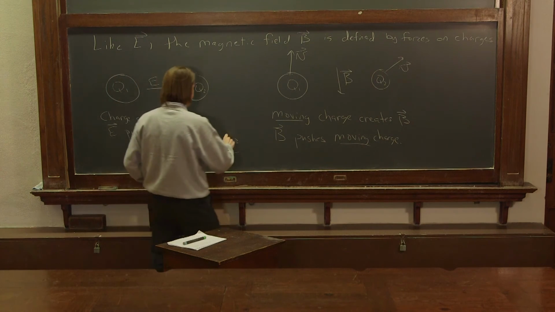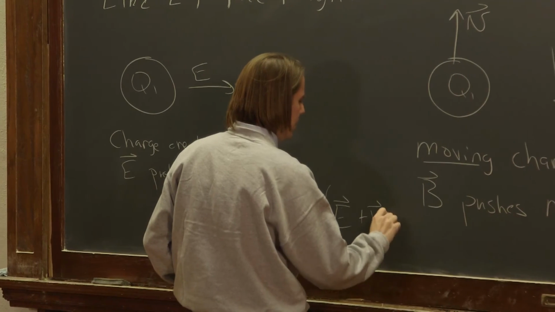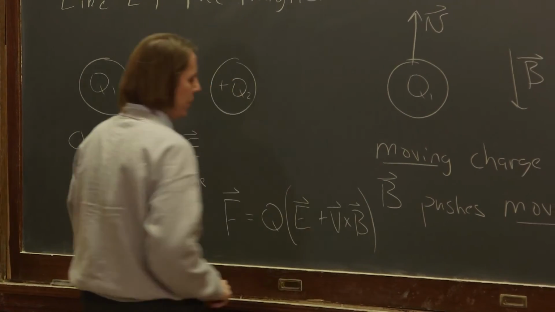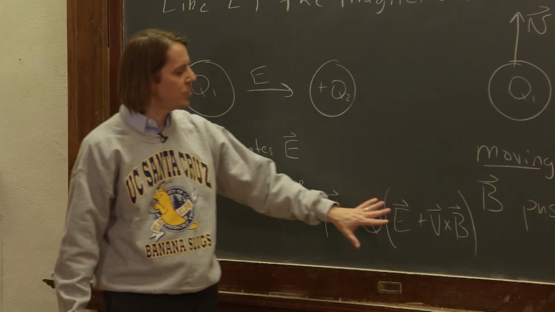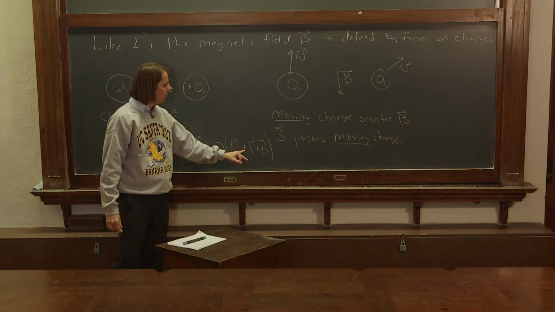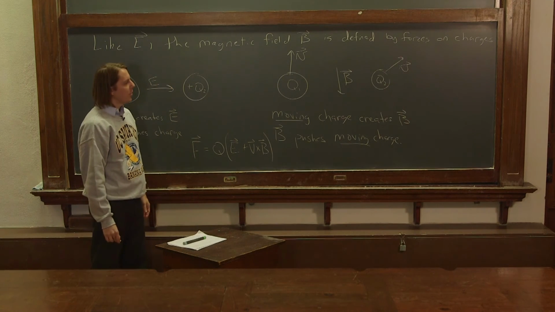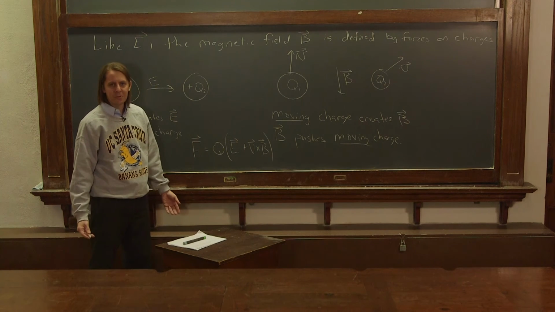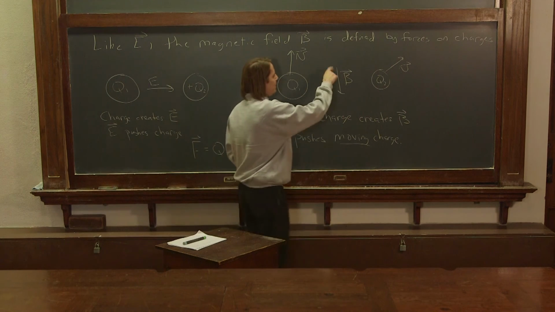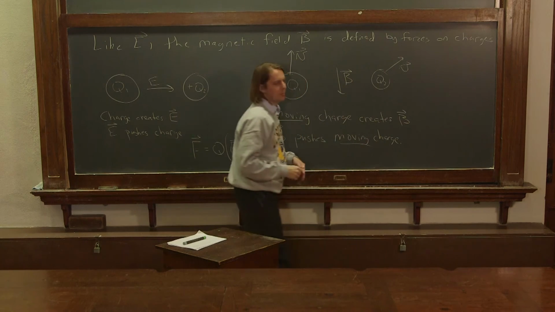So the only way to multiply two vectors and get a vector is to take a cross product, V cross B. So the full force on a charge experiencing E fields and B fields is QE plus, distributing the Q, QV cross B. And cross products are inherently three-dimensional. Right? So if we have B this way and V that way, it's B cross V, and the force will be out of the plane of the board.